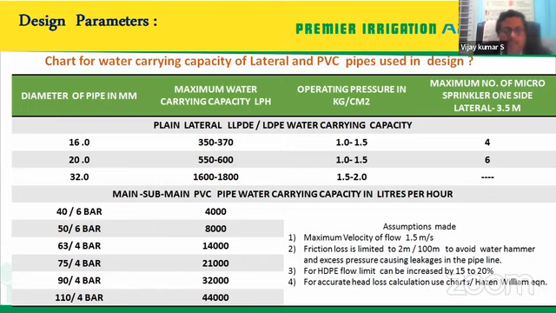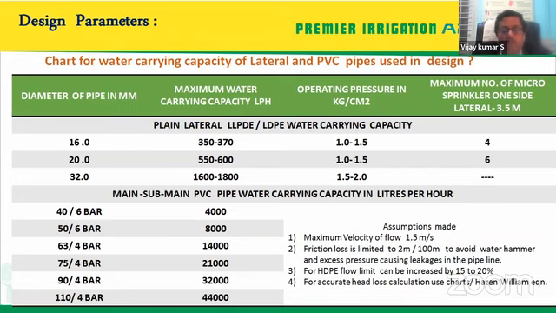What is the water carried? 350 to 370 liters per hour for a 16 millimeter. For 20 millimeter, it will be around 550 to 600 liters per hour. And if it is a 32 millimeter that you are going to use as your distribution tubing, or the lateral line as it is very commonly called, it is going to be 1600 to 1800 liters per hour.